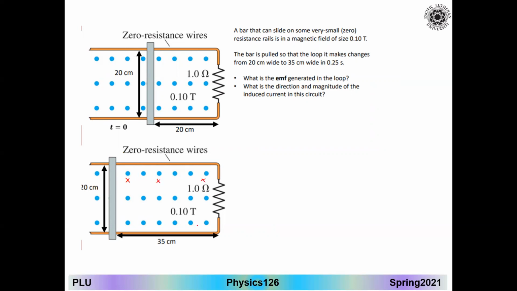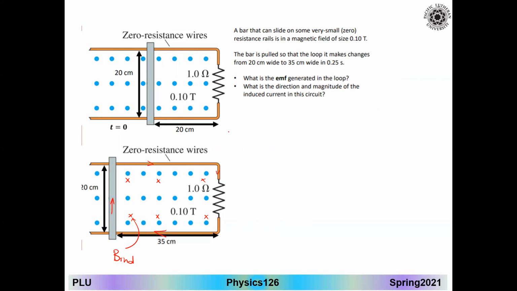So we generate an induced magnetic field pointing into the page, here is the B induced. If I identify the direction of the induced current with the right hand, my magnetic field points toward the page, so the induced current will point in this direction, which is clockwise.